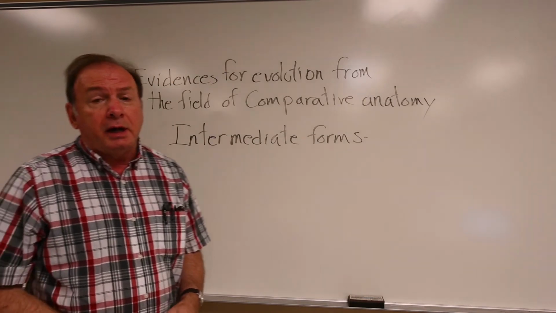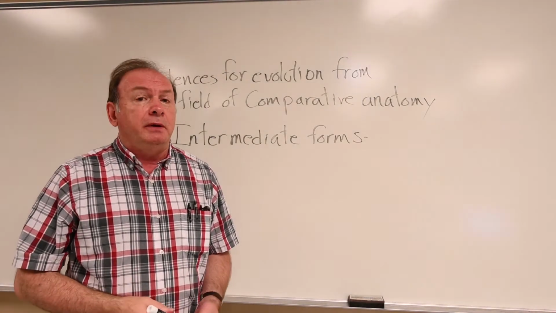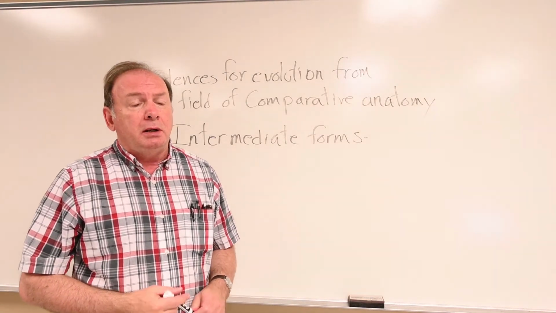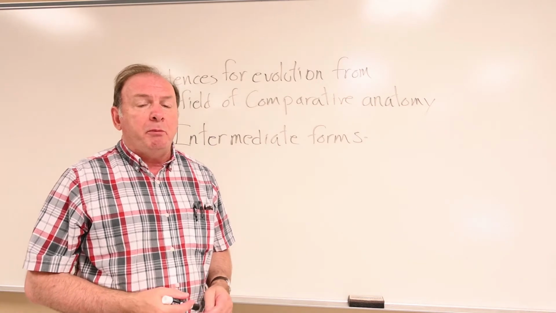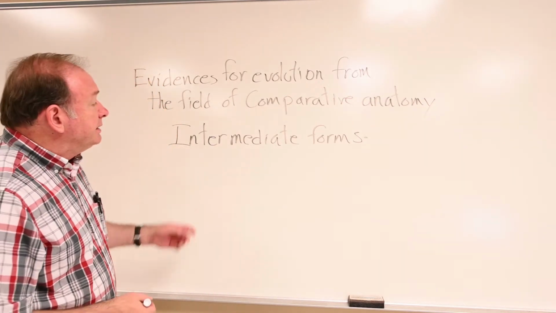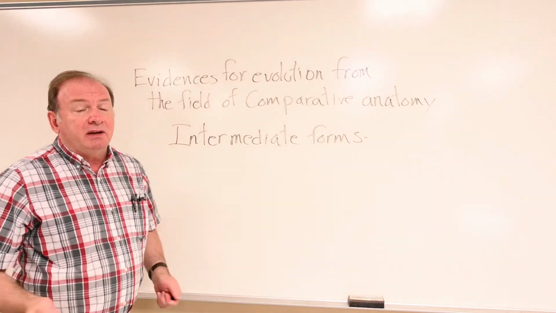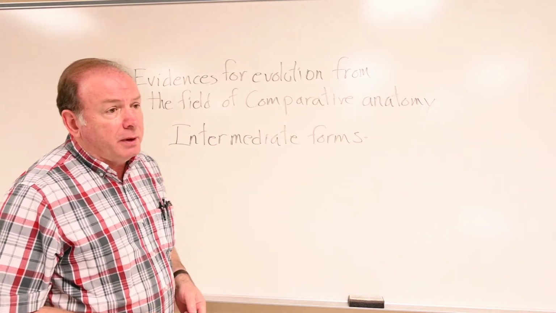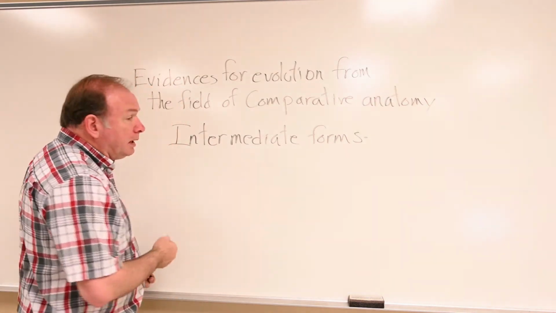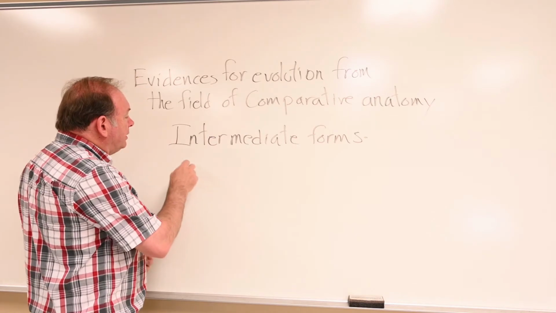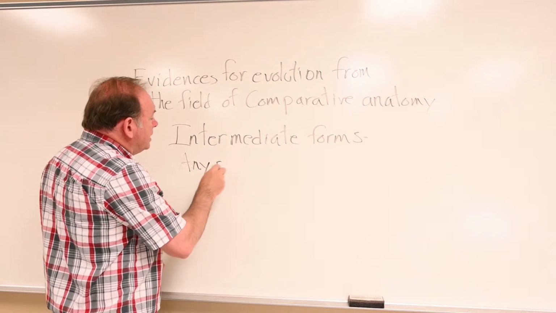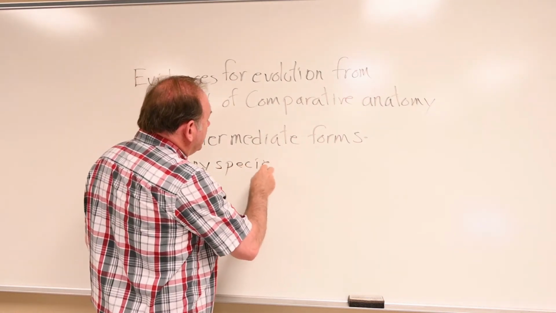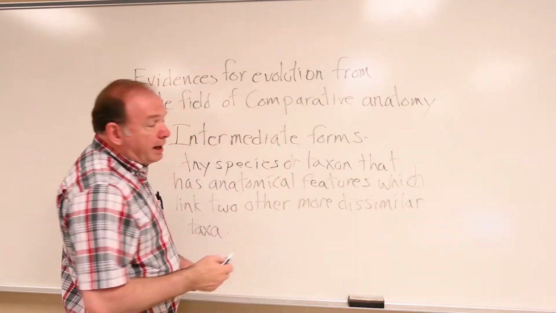Now, for another kind of evidence from the field of comparative anatomy that supports the concept of macroevolution, this is intermediate forms, the existence of intermediate forms. It's any species or taxon, taxa.